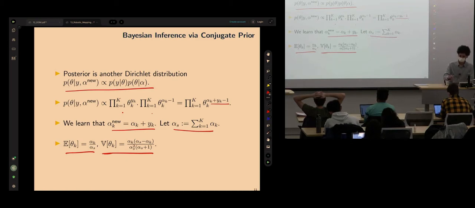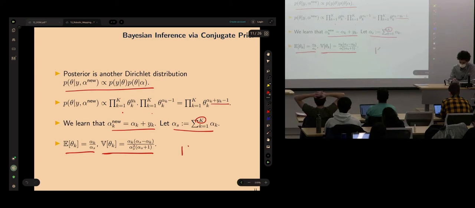Does this mean that if you want to add additional semantic classes, that it's not possible to do that because you can't update your past probabilities? Good question. The question is what if we want to change the number of categories, because right now what we're talking about is constant.